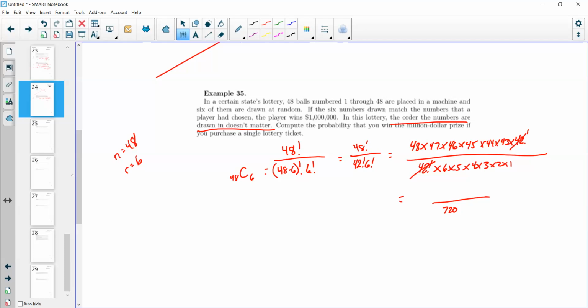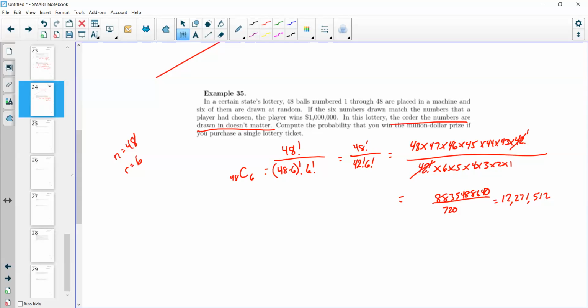And 48 times 47 times 46 times 45 times 44 times 43 gives me a whole bunch: 8,835,488,640. Divide that by 720. And I get 12,271,512. So that's how many combinations there are.